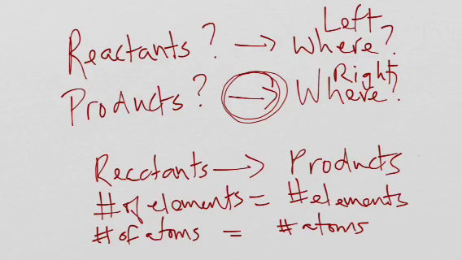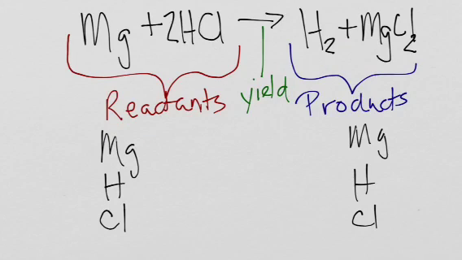So if I go back to that original equation, okay, I've got one atom here on this side. How many hydrogens do I have? Look at that equation. This number here gets multiplied by the H, and it also gets multiplied by the Cl.